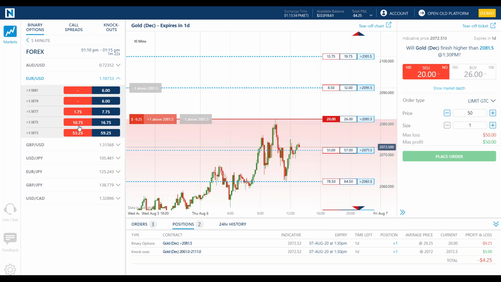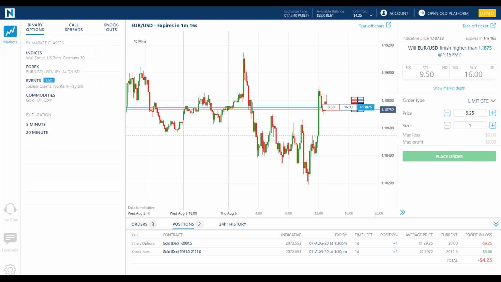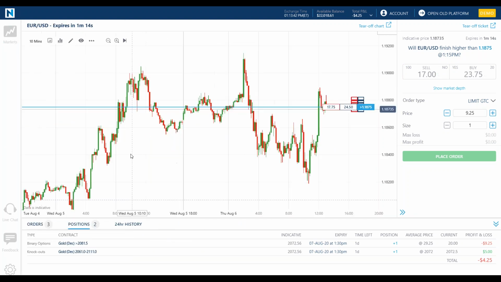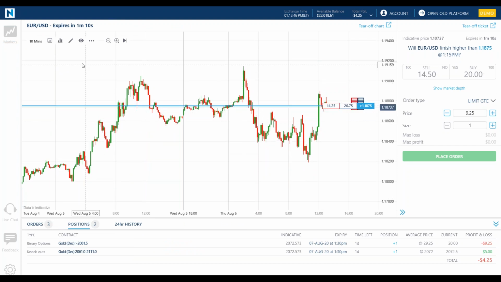Actually, if I pick one of these right now, you're going to notice that it expires in the next 1 minute and 13 seconds. I'm going to let this go because I think it'll be easier when one resets.